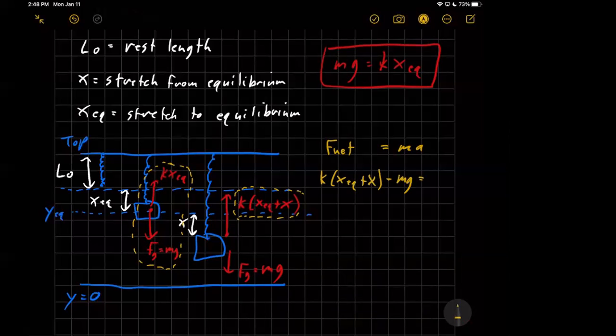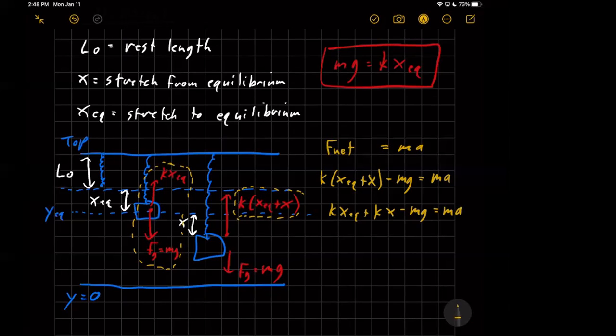The first term is the upward force, which we'll assume is positive, minus mg because it's downward. That has to equal ma. Now let's continue with this. Let's distribute the K. So KXEQ plus KX minus mg is equal to ma.